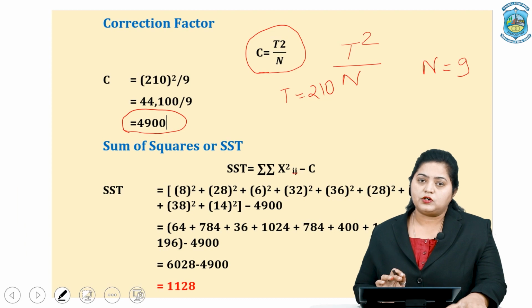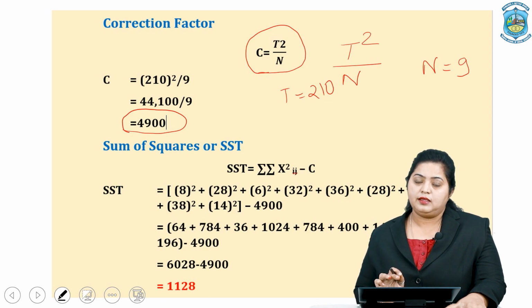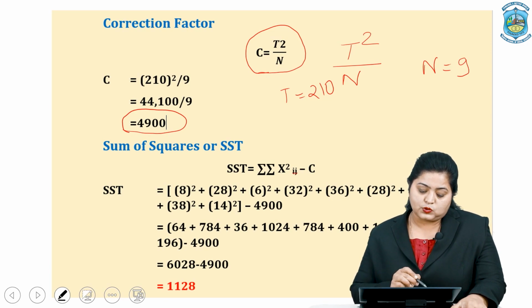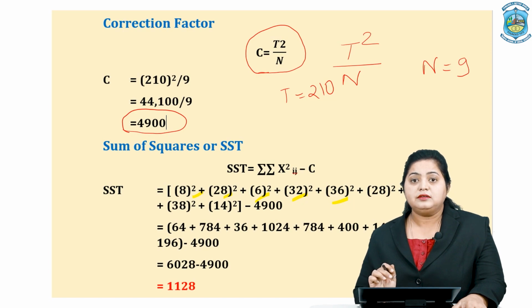The total sum of squares is denoted by SST. SST is the difference between all the individual squared values and the correction factor. For this step, we square all the individual values and then subtract the correction factor.